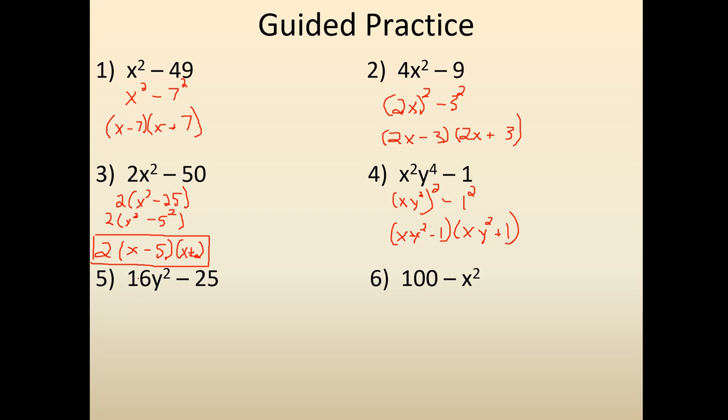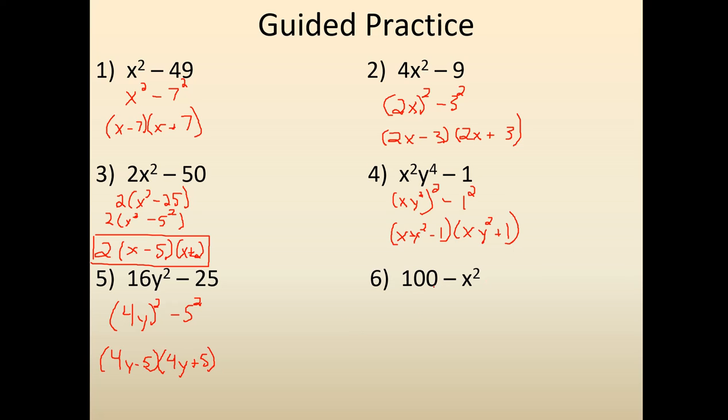This one, 16 is a perfect square of 4, so this can be 4y minus 25, and 25 is 5 squared. So the factorization is 4y minus 5 times 4y plus 5.